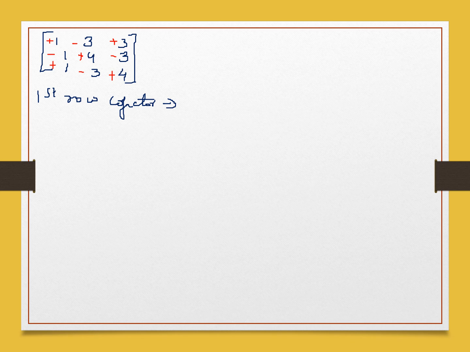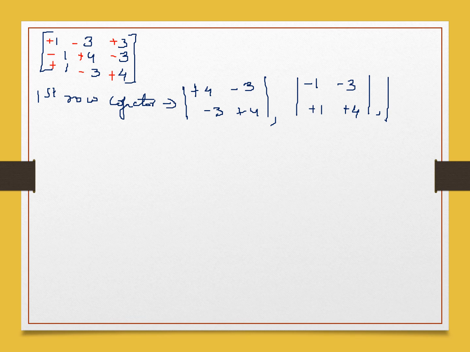So it will be plus 4 times 4 minus 3 times 3. Then ignore the first row and the second column: minus of 1 times 4 minus 3 times 1. I am including the signs to reduce confusion in the upcoming parts.